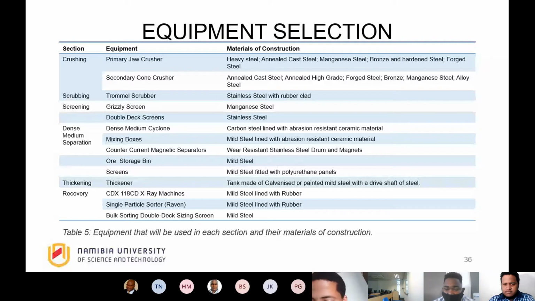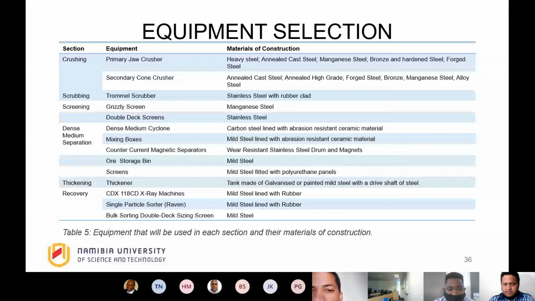The manganese steel is used because it has a very high toughness. So in the event that at your primary jaw crushers you have materials which you are crushing at that stage, you are making sure that the crusher itself does not get damaged. Then you have your bronze and hardened steel, you have your forged steel. For secondary cone crushers, you have your annealed cast steel, annealed high grade, your forged steel, your bronze and manganese steel, and your alloy steel.